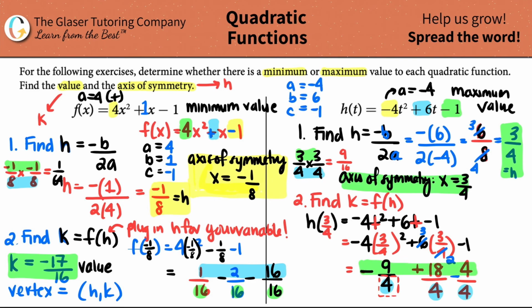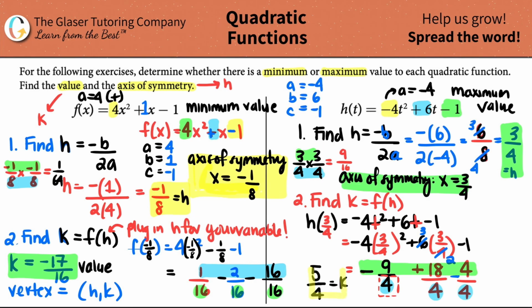Negative 9 plus 18 is 9, minus 4, and this is all over 4. 9 minus 4 is 5. And you can't simplify that, so this would equal your k value.